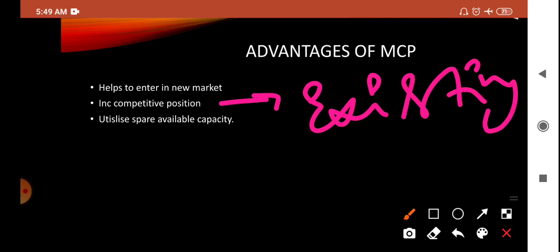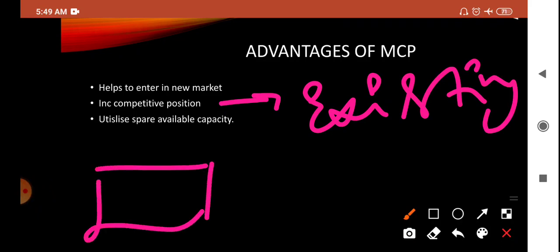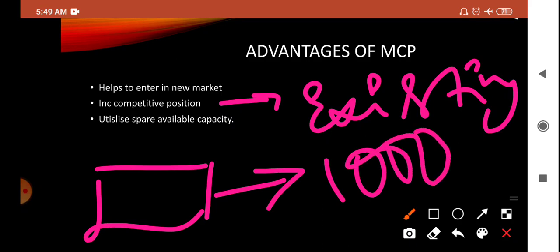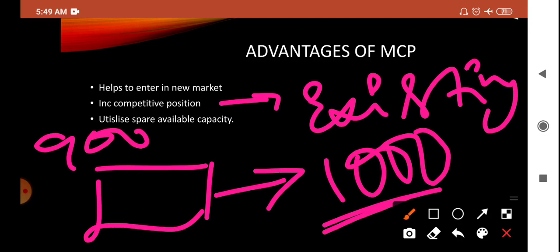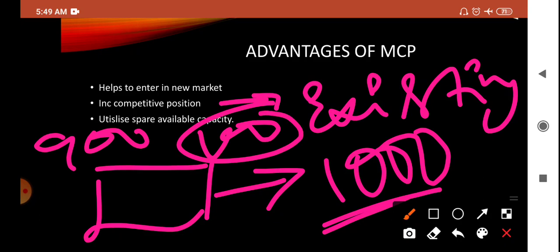Next, utilize the spare capacity. See, if your machine capacity is to produce 1000 burgers at a time, but the demand for your product in the market is 900, you will produce only 900, but still 100 capacity is idle.